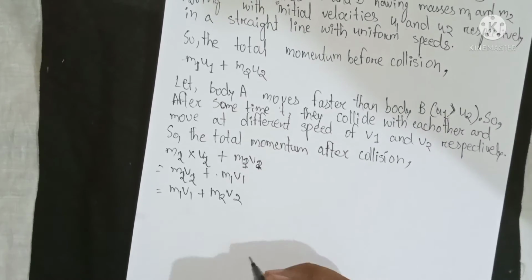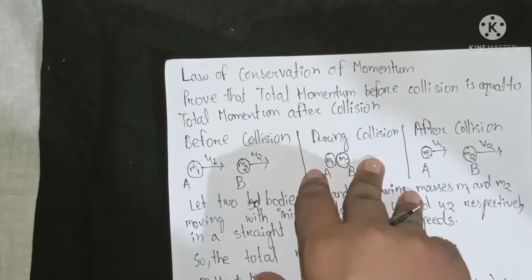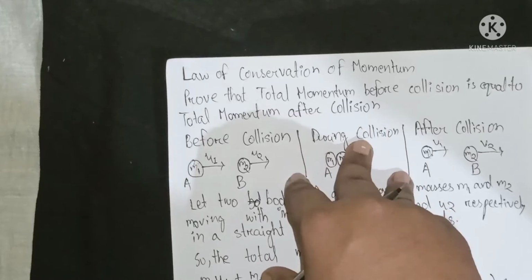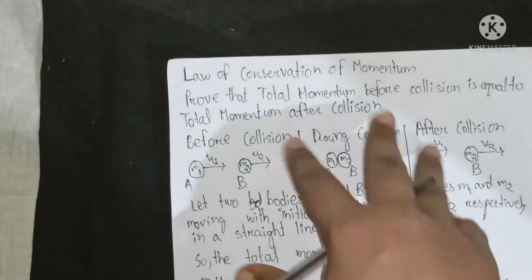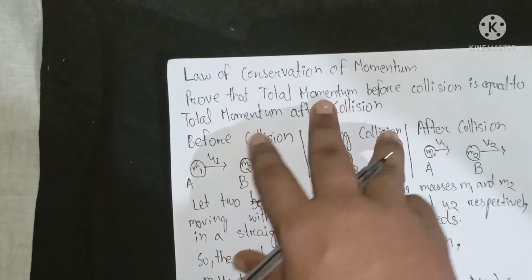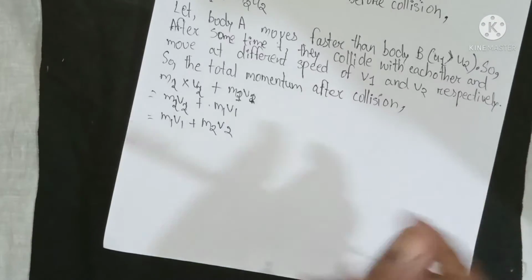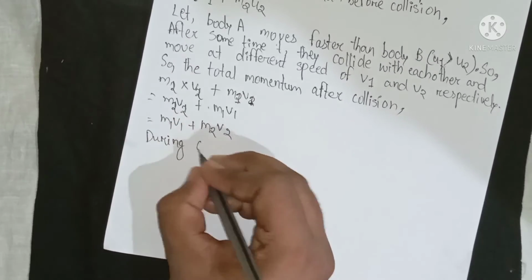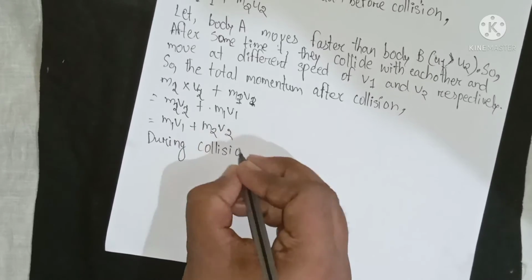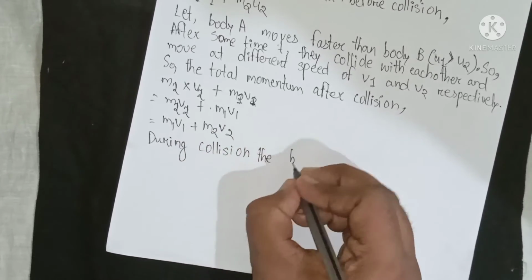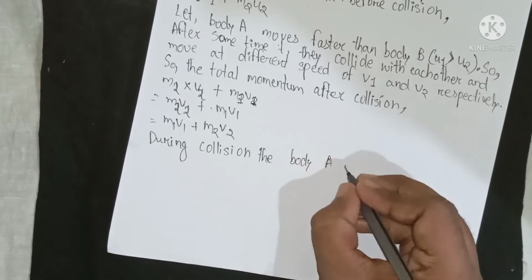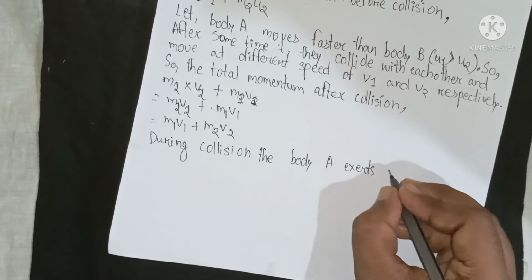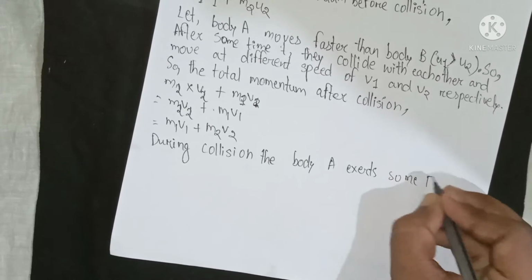After that we have to write something about the collision process itself. During the collision, Newton's third law of motion is acting, and we have to write that so we can prove that total momentum before collision is equal to total momentum after collision. During the collision, body A exerts some force F1.